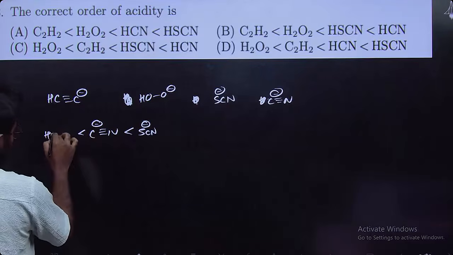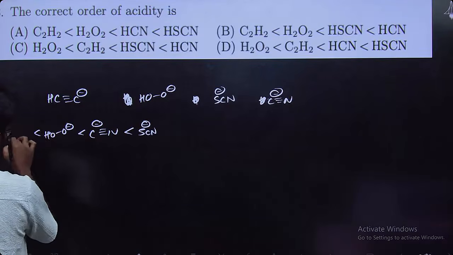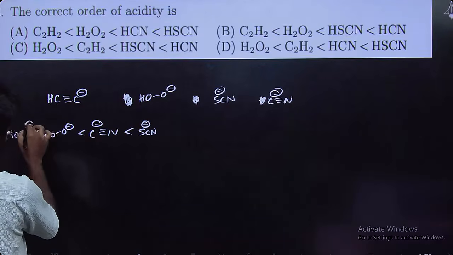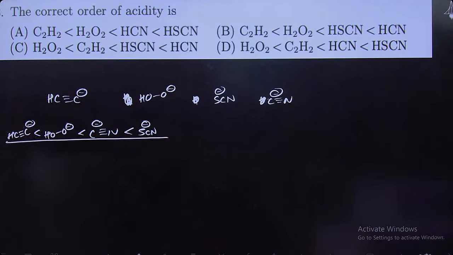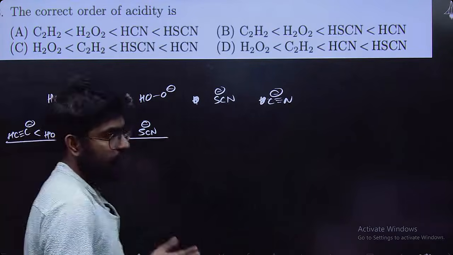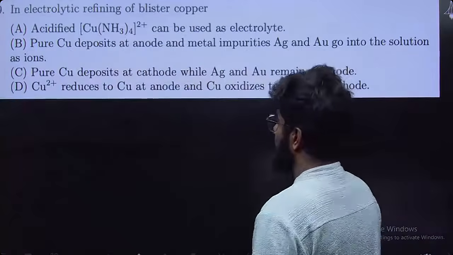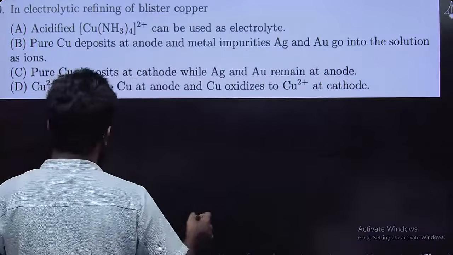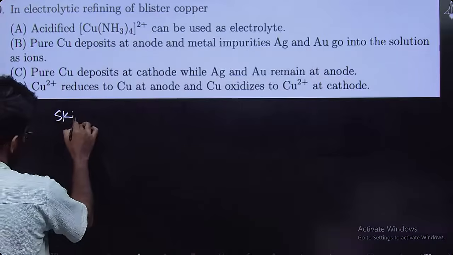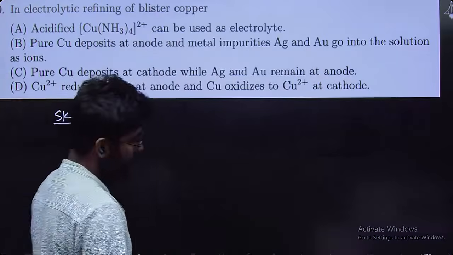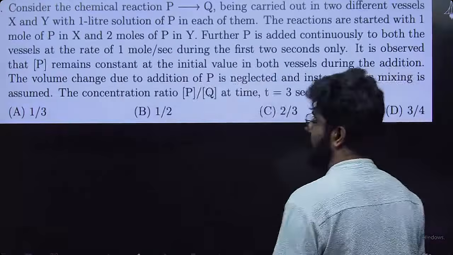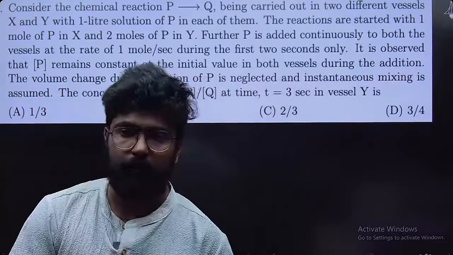Then followed by your O minus, and then at the last your simple ethyne, right? So this is the order of stability of the anions. That is why the order of acidity of the respective parent acids is similar. Now, electrolytic refining: you can just skip this question because this is no longer valid to be studied, right? This is basically from the metallurgy part, and you can be lenient on that.